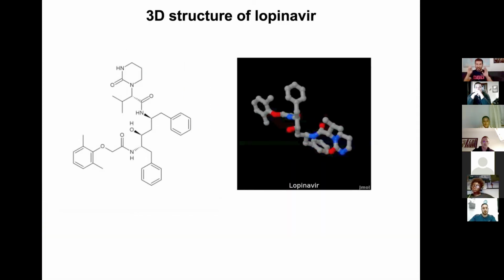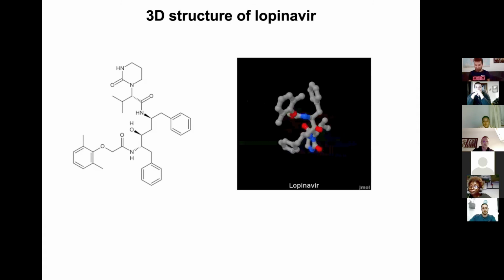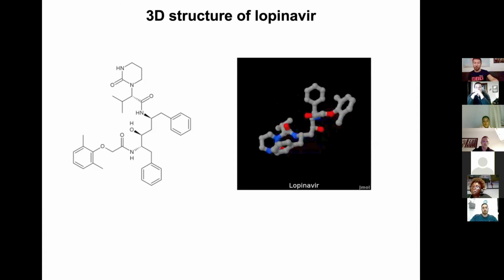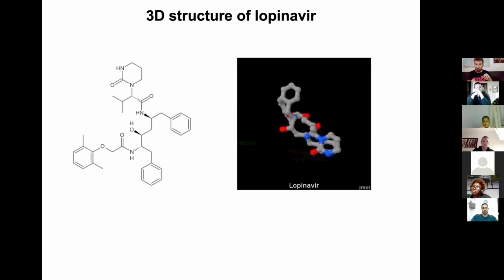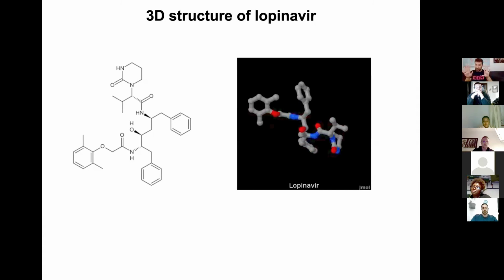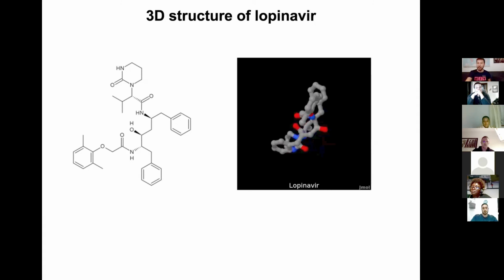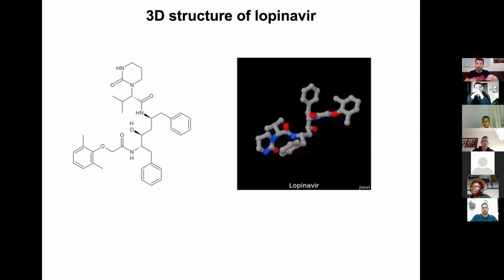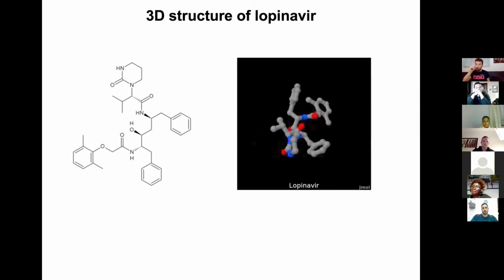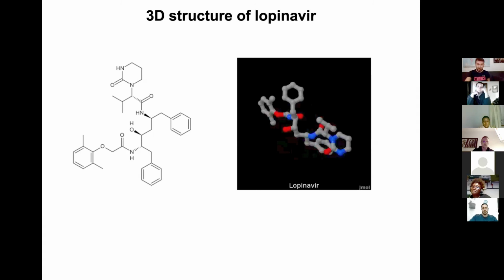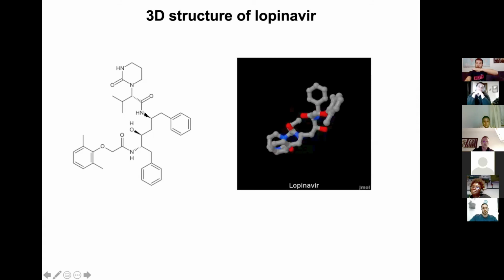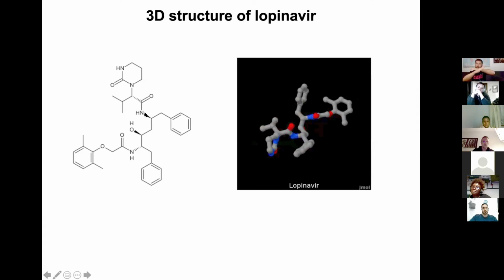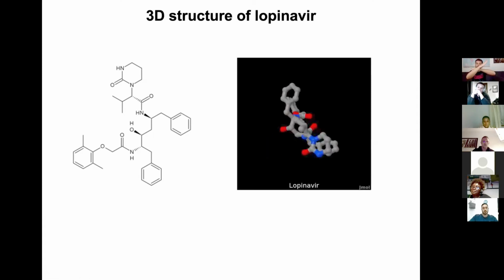So now let's talk about this stereochemistry. I just want to show you how lopinavir looks in reality, because we always see 2D, and now on the right you can see 3D. If you have this bold bond, for example here with NH, in 2D it means this bond goes up.